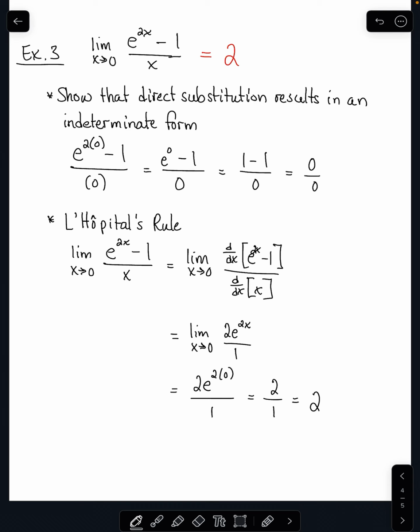We're going to go through examples that result in each of the indeterminate forms. The next one up will result in the indeterminate form infinity over infinity, which typically, not always, but typically happens when x approaches infinity.